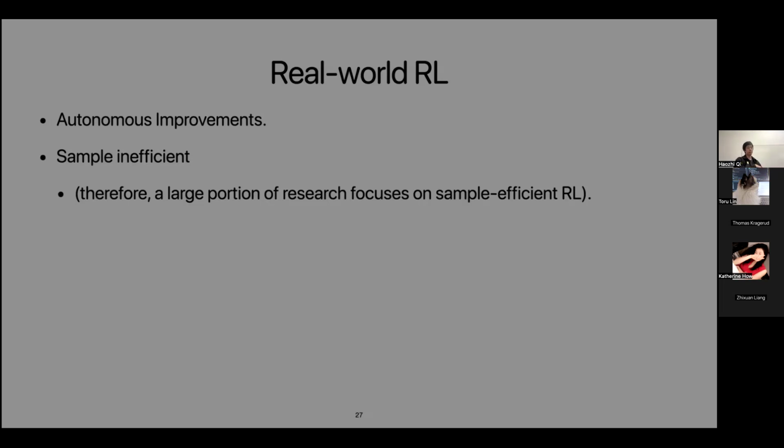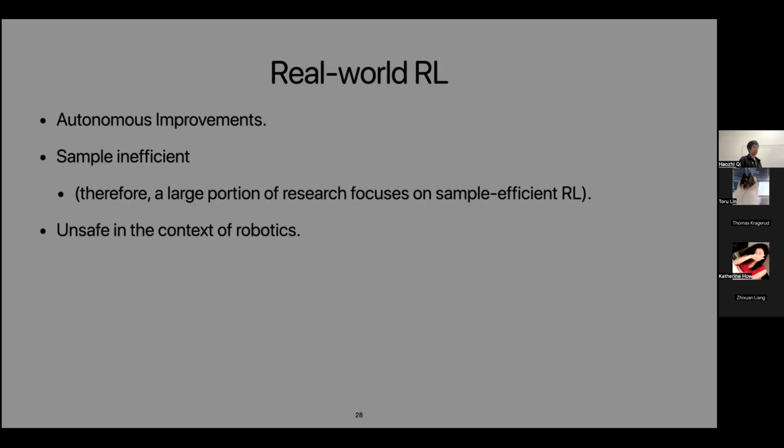Therefore, a very large portion of research focuses on sample-efficient RL, so you might see people doing some new RL improvements on OpenAI Gym or DM Control, achieving some promising control tasks within millions of samples.